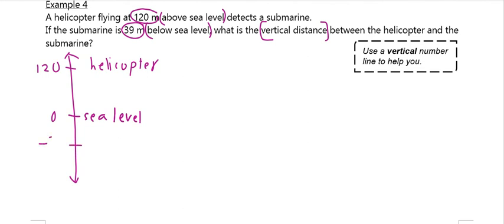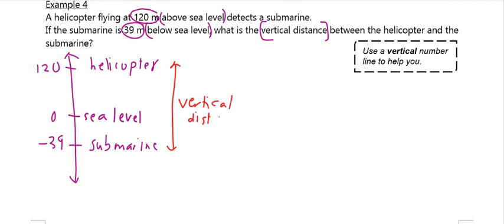So I label this negative 39. So this is where your submarine is. And the question asks you to find the vertical distance. The vertical distance between the helicopter and the submarine will be this one, right? So this is your vertical distance in illustration.